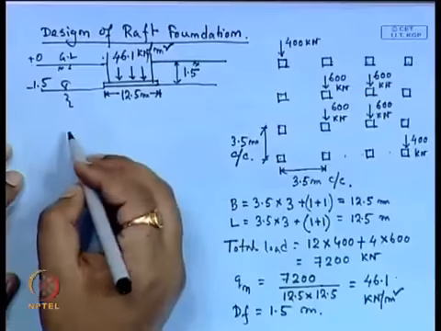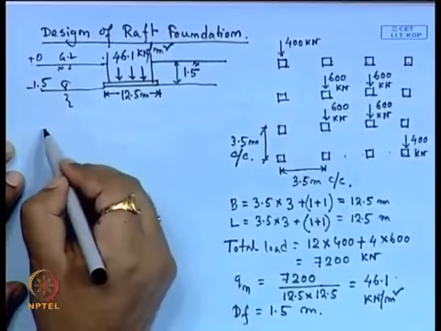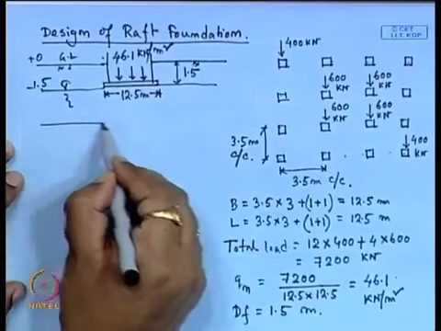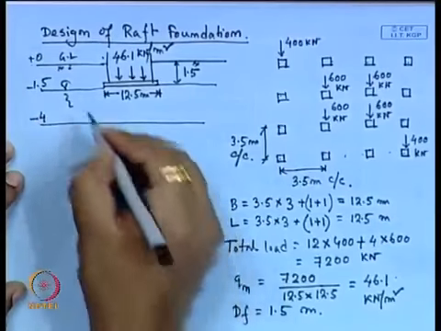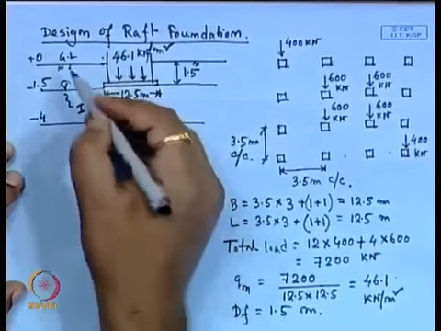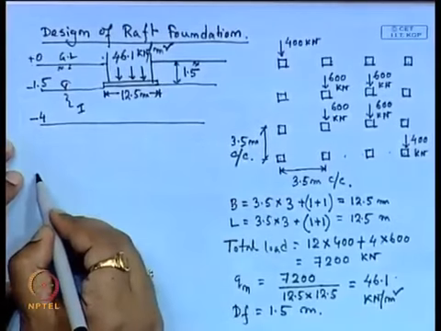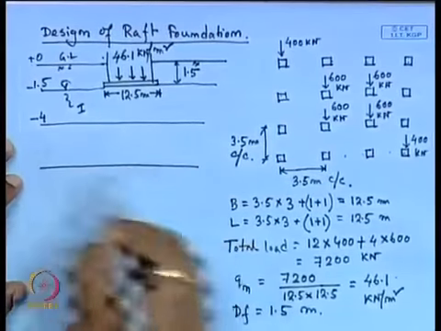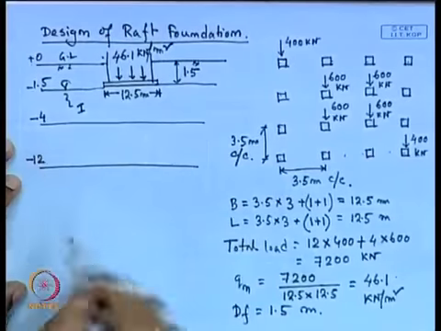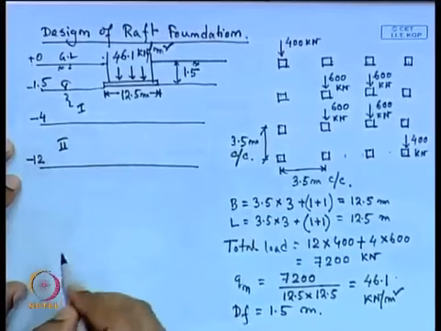Next, we have a few layers. One layer is up to 4 meter, this is our layer 1, 0 to 4. Then another layer up to 12 meter, this is layer 2.